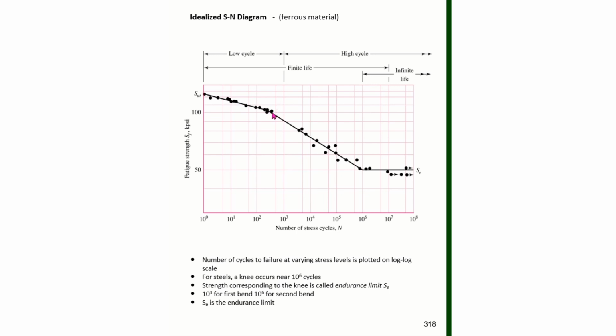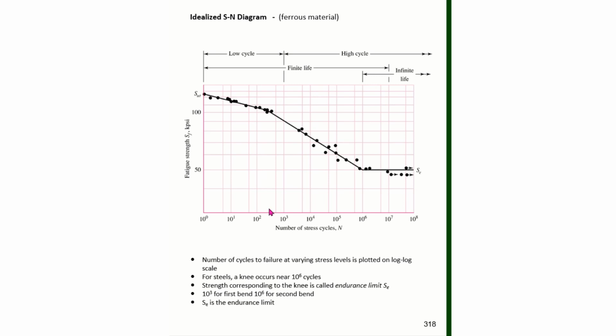Then once we hit up in this region here, we have a steeper slope that comes down, and then here we actually go flat. So what this means is that if I were to give this particular specimen a stress of 100, I could cycle it up to this many cycles before it failed in fatigue.